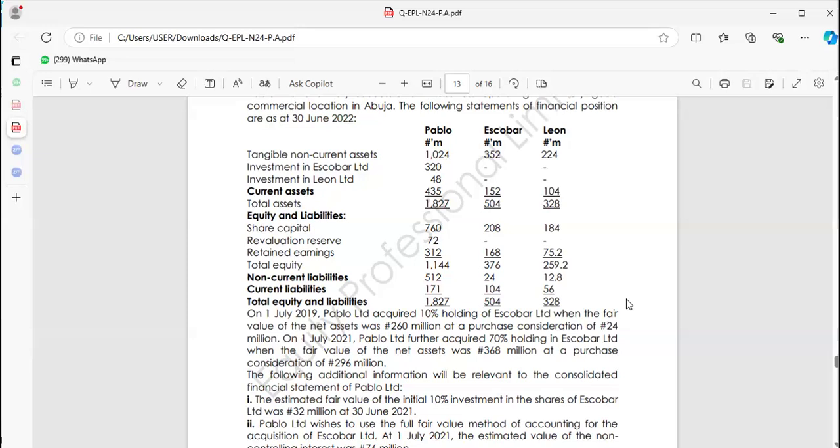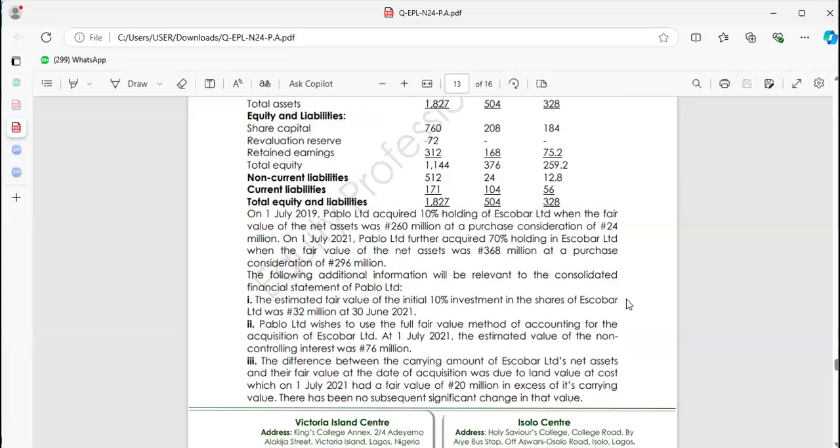The day he has control, 70%, 1st July 2021, and the purchase consideration was 296.